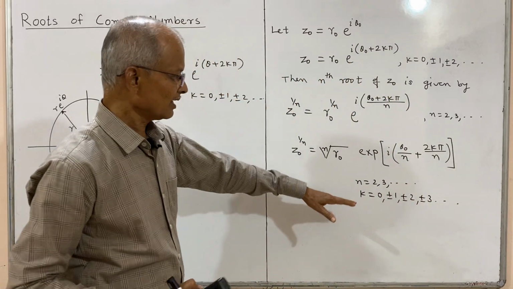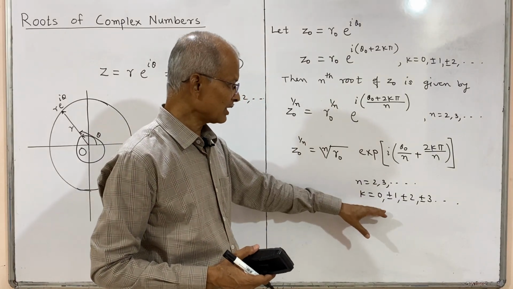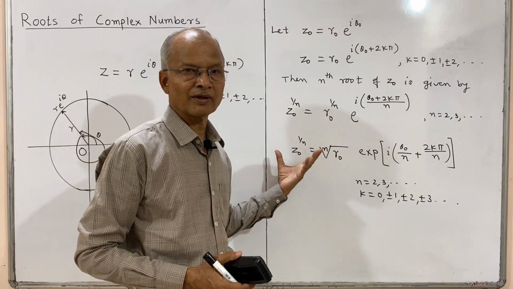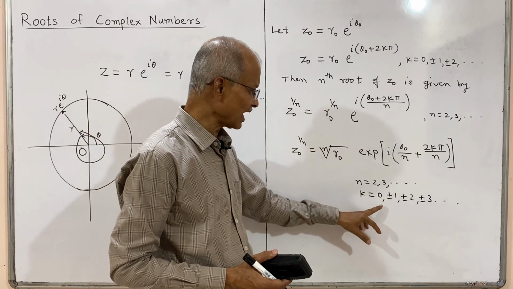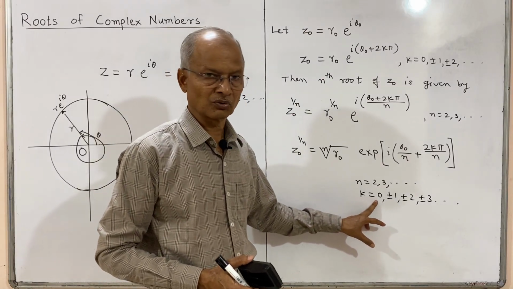But here we have written that k can take infinitely many values, but the nth root of z naught will have exactly n distinct values, and these n distinct values are given by n values of k starting with 0.